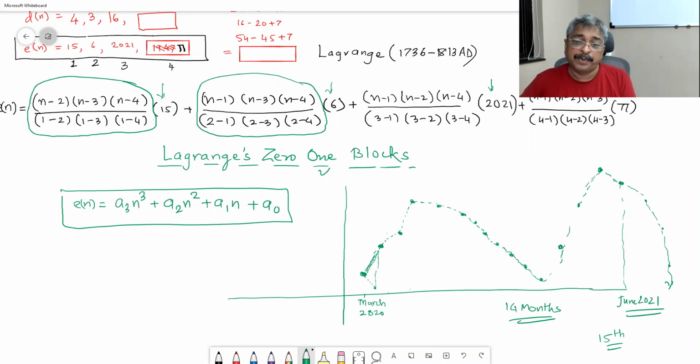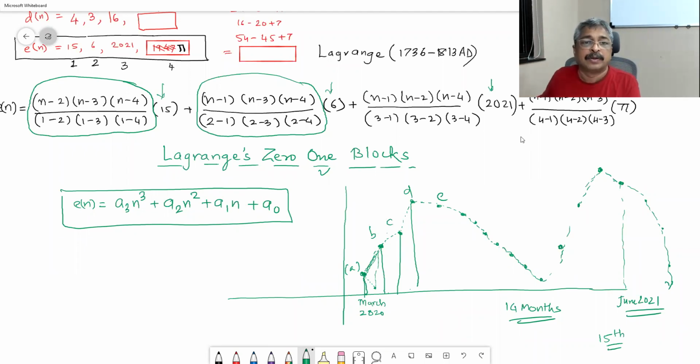So if these numbers are known to me, suppose first month of operation, second month of operation, third month of operation, fourth month of operation, if these numbers are known to me, A, B, C, D, E, then this Lagrange 0 1 block will give me the formula to find out what is going to be the next month.